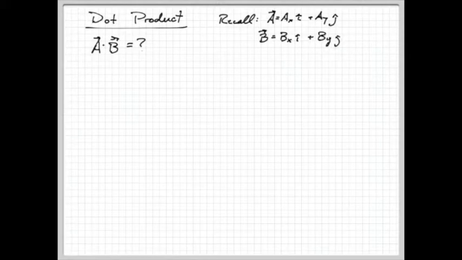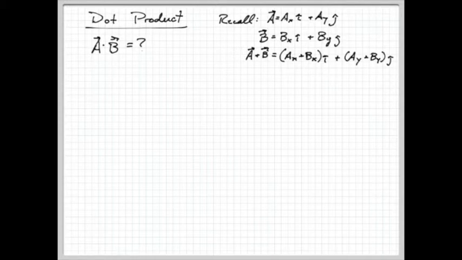All we ever did with this was adding and subtracting, right? If we added these vectors, we simply added like components. So ax and bx, and then ay, by. And then if we subtracted them, same kind of idea. But we never talked about multiplication.